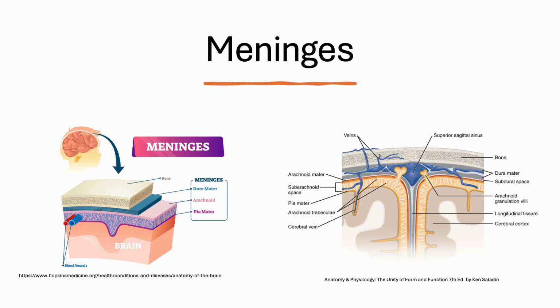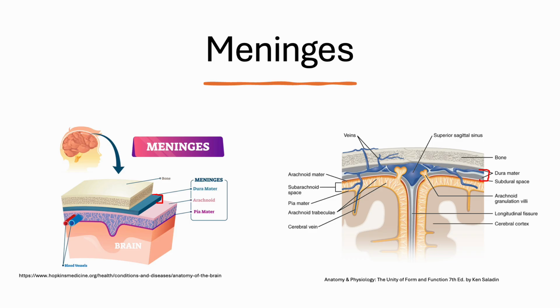The last thing I'm going to talk about are the meninges. So in the previous chapter, we talked about the dura mater, the thick fibrous layer and strong protective sheath over the entire brain, which can be seen right here and also right here.